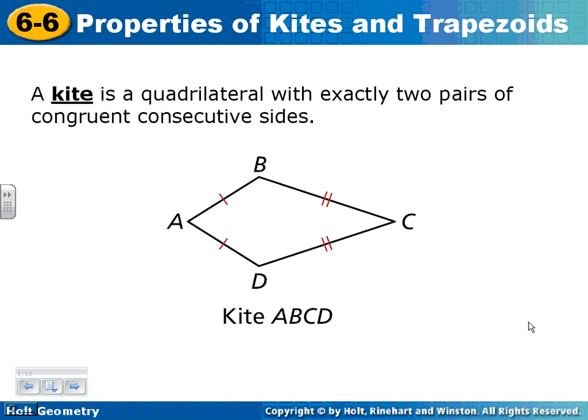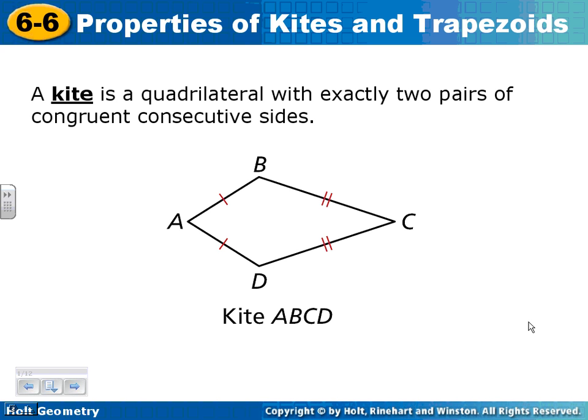First definition, a kite. A kite is a quadrilateral, meaning it has four sides, with exactly two pairs of congruent consecutive sides. Now remember back to, say, a parallelogram. Opposite sides were congruent there. In parallelograms, the left and right were congruent, and the top and bottom were congruent.